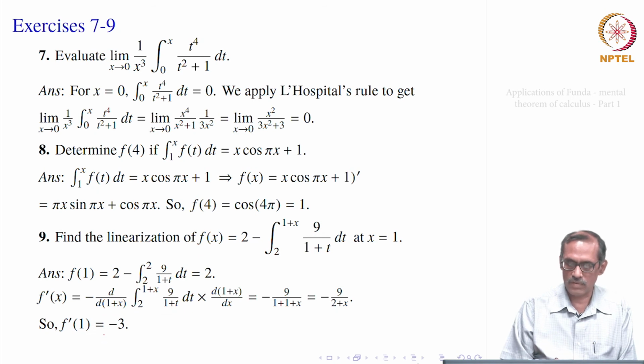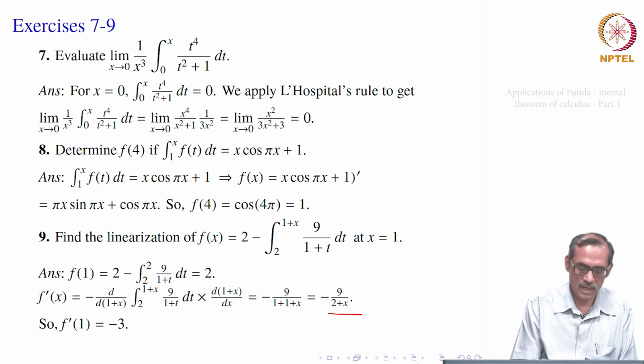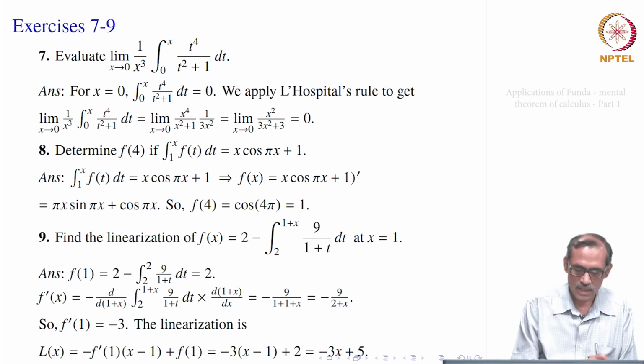And what is f prime 1 then? As you see, f prime of 1 equal to minus 3, from this you get. So, once f prime is obtained at 1, and f of 1 is obtained, linearization is just a formula, that L of x equal to f of a plus f prime at a into x minus a.